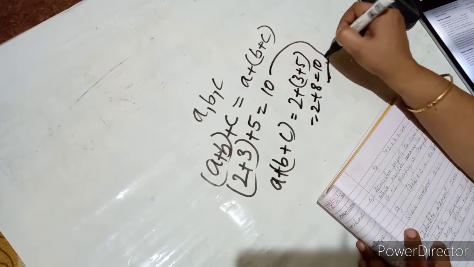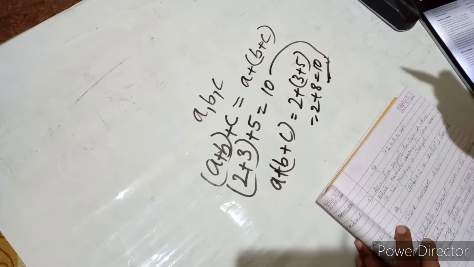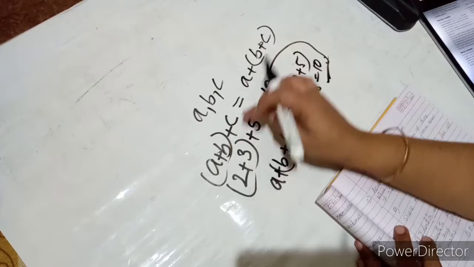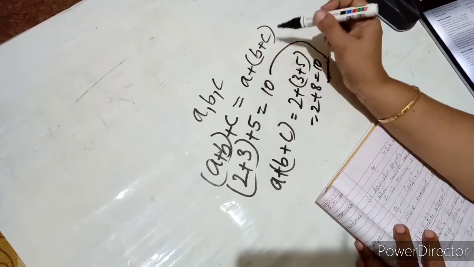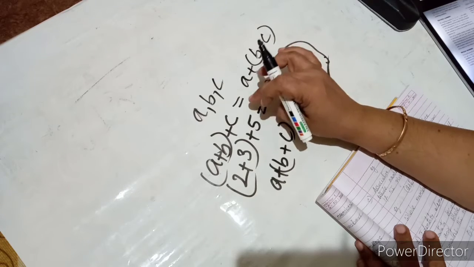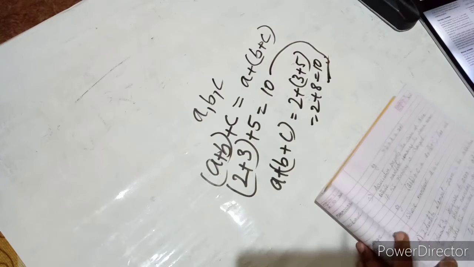So these two are the same. So whether the order or the grouping of the numbers gets changed, there will be no change in the sum. Okay, that is what associative property is.